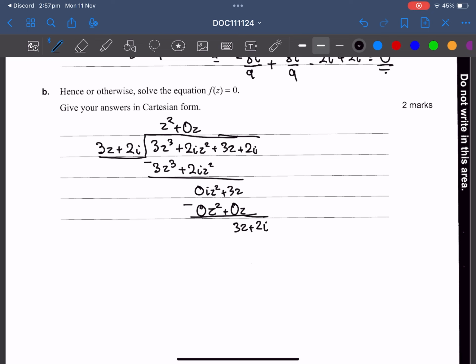So everything is 0 anyway, so it doesn't matter if I write i or not. So yeah, plus 1, 3z plus 2i.